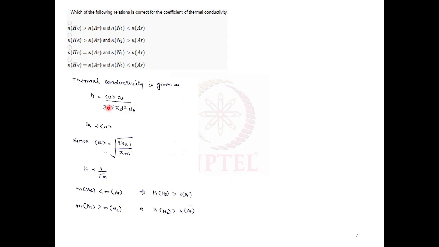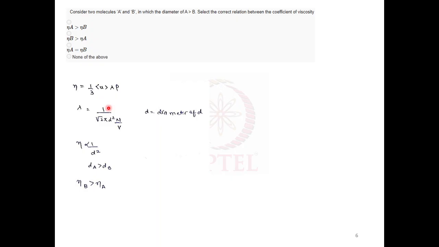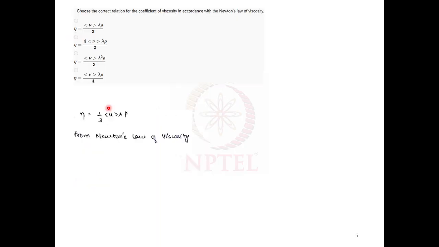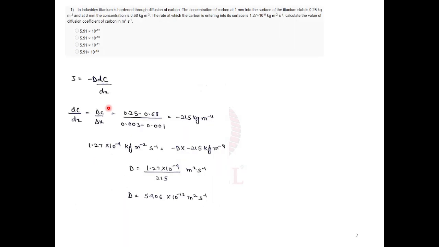In the previous case, that was the diffusion coefficient; this is the coefficient of thermal conductivity. So k equals 1 by 3 times the average velocity times lambda times Cv bar by 3 Na.